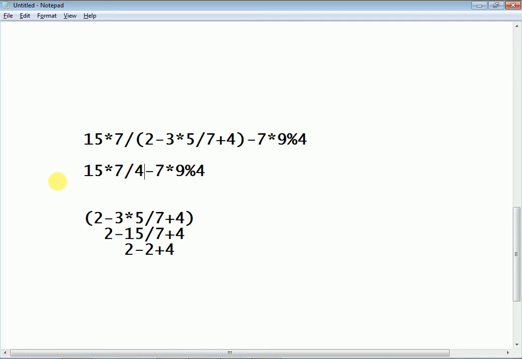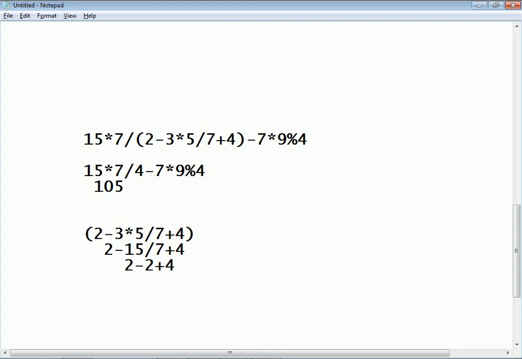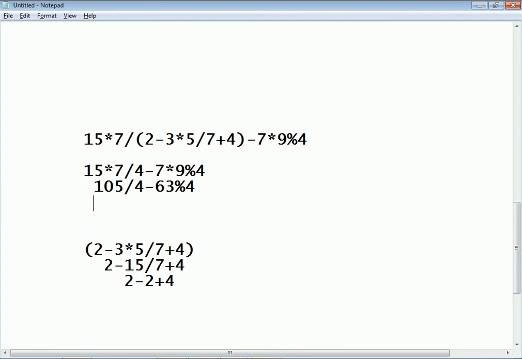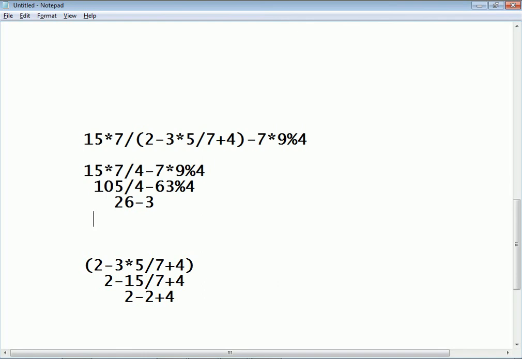See this, 15 into 7 is 105, by 4, that is 26, minus 7 into 9, 63 percent 4, the remainder is 3. Then what is the total value? Now the total value is 23.